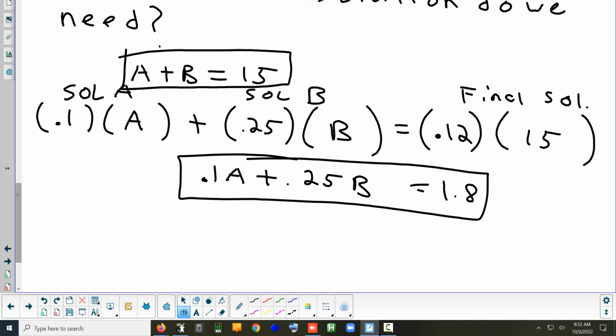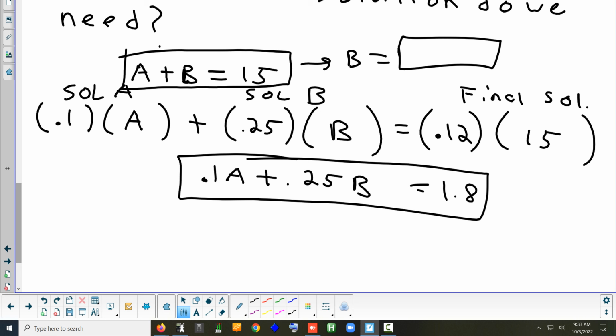Actually, which one do you want to isolate? B. It's about the same amount of work. And can you tell me what B would equal? A equals negative B plus 15. Well, you want to isolate B, right? How would you get the B by itself here? Subtract B. No, you're isolating B, so you're leaving it.